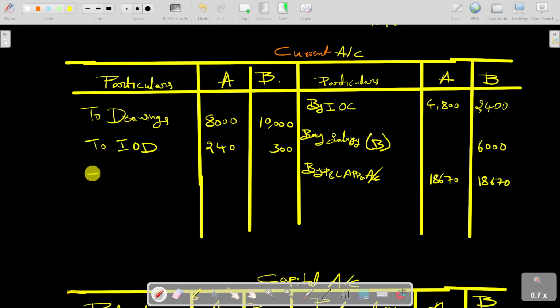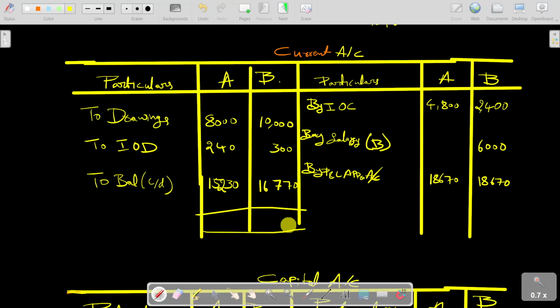Then we will get the balances of 15,230 and 16,770, and the totals will be 23,470 and 27,070.